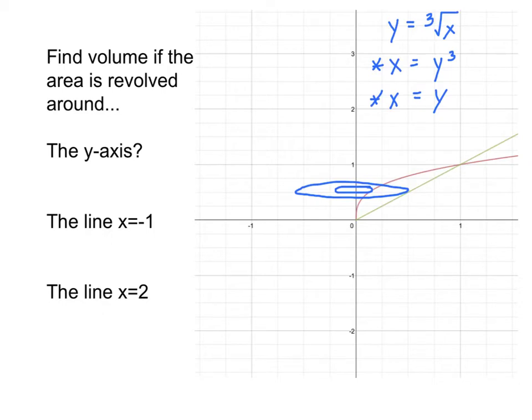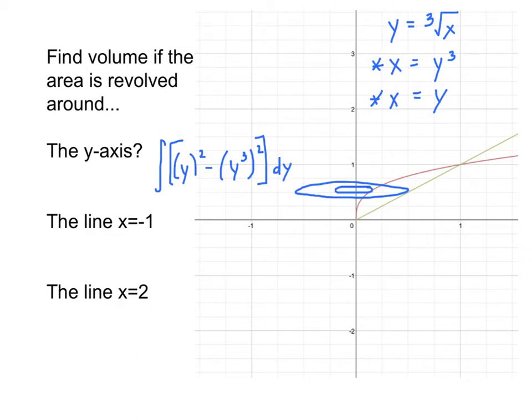If you need a little review on that, I certainly can give that individually, but I'm going to try and keep this short. So revolving around the y-axis, we're going to need to do dy. You'll notice the big radius was given by the linear function. Well, that was just y, so y squared, minus the inside function, which used to be the root but now would be the y cubed function, so y cubed squared, dy.